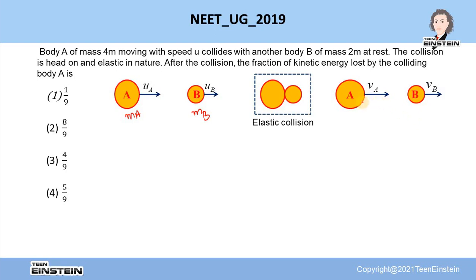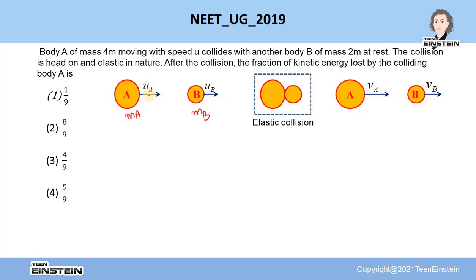And suppose the object A attains a velocity VA after collision, and the velocity of the object B after collision becomes VB. Now in this problem you have to find out the fractional change in the kinetic energy of the object A. So if you can find out the velocity after collision, then we can find out the kinetic energy after collision.